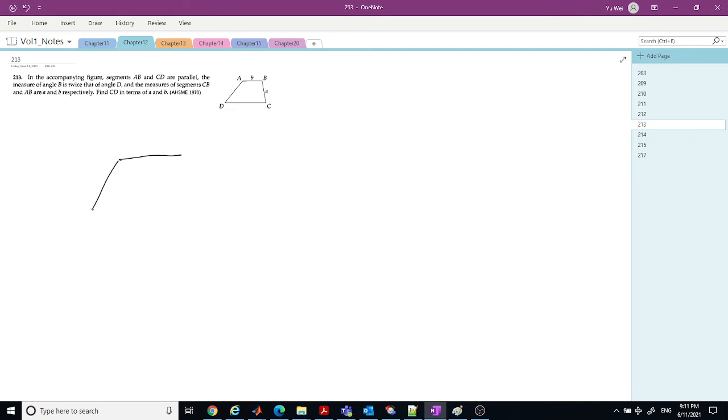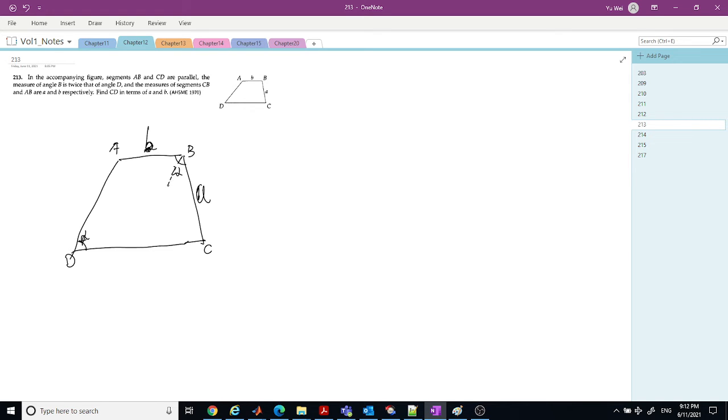Okay, we have A, B, C, D. Then this side is B, the other side is A. Then we know the measure of angle B is twice the measure of angle D. So let's say this angle is alpha, right? This angle is 2 alpha.